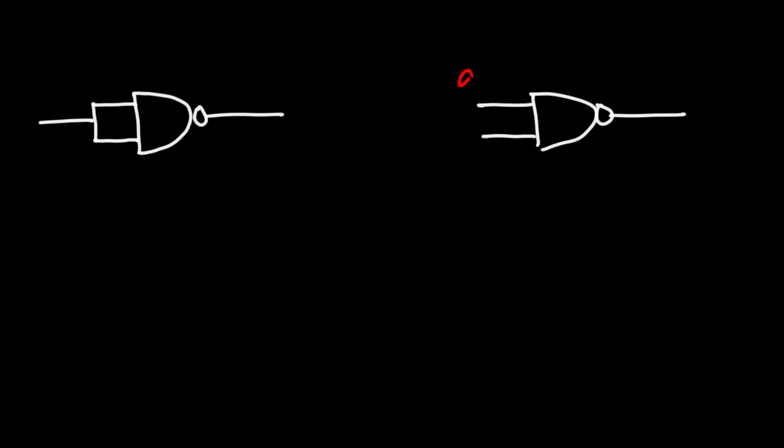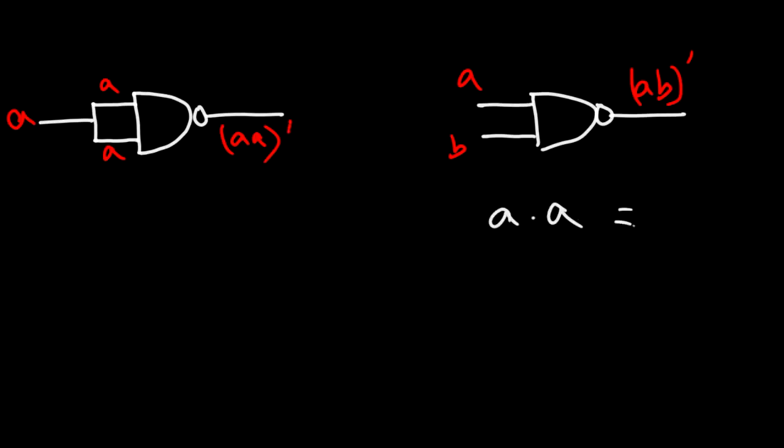So this would be A and B, and we would get A times B, but the complement of that result. Well, now we only have one input because both of these will be A. And so if we multiply these two, it would be A times A, and then we'll get the complement of that. What is A times A?